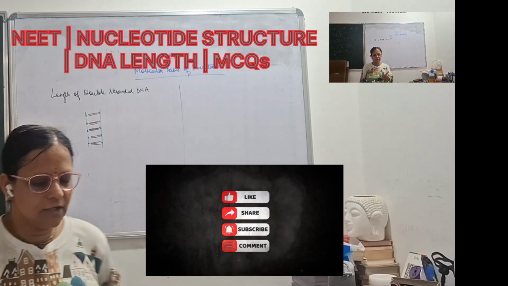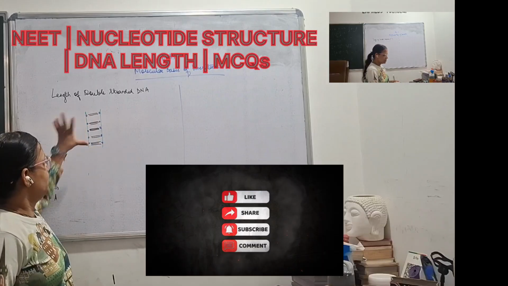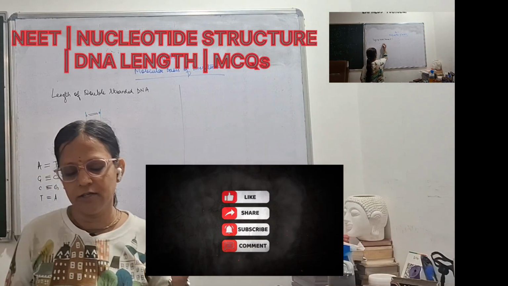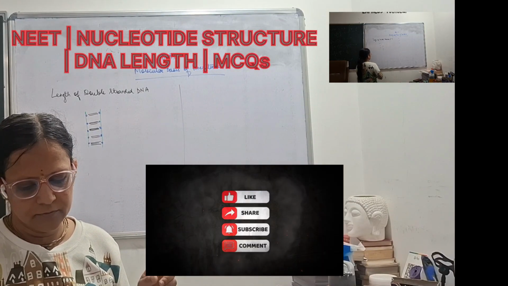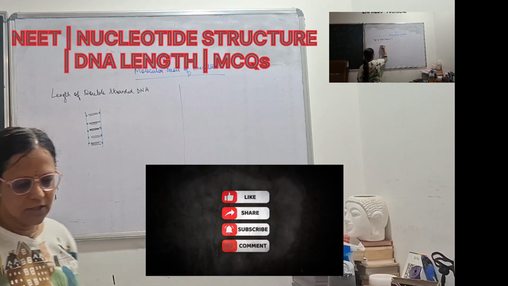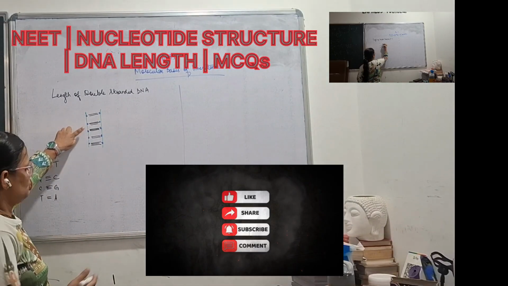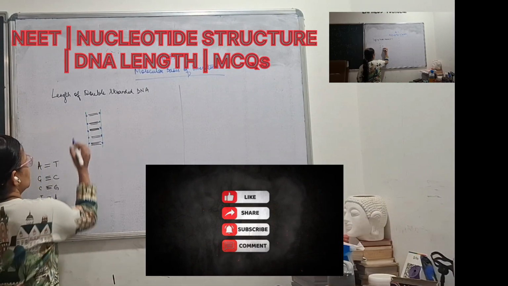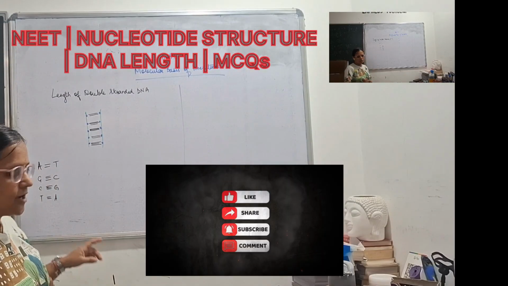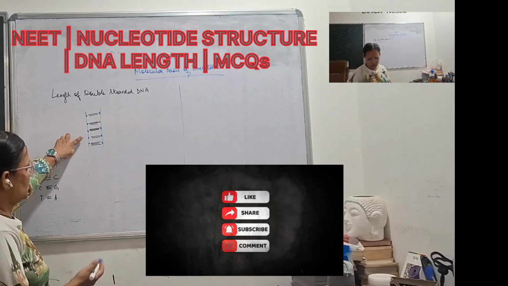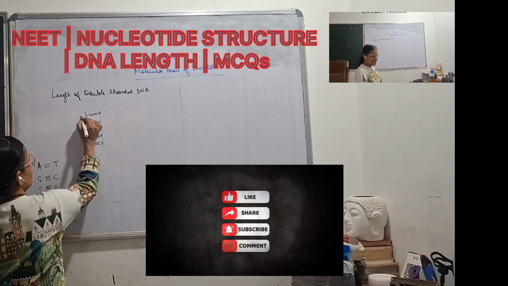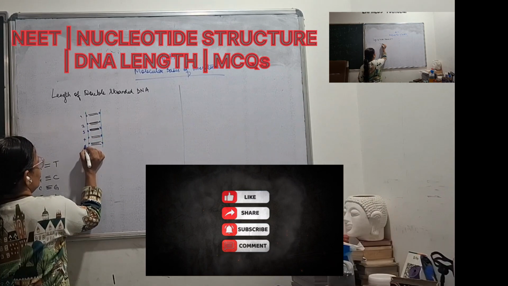So to calculate the length of DNA in double stranded strands. Okay. Now here I have got 1, 2, 3, 4, 5. Right? 1, 2, 3, 4, 5.